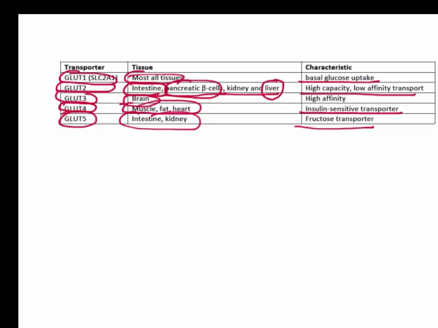So all the members of the GLUT family again act by facilitated diffusion, meaning that glucose is transported along a concentration gradient. But glucose can also be transported against a concentration gradient by the sodium glucose transporter. This is a co-transport mechanism.